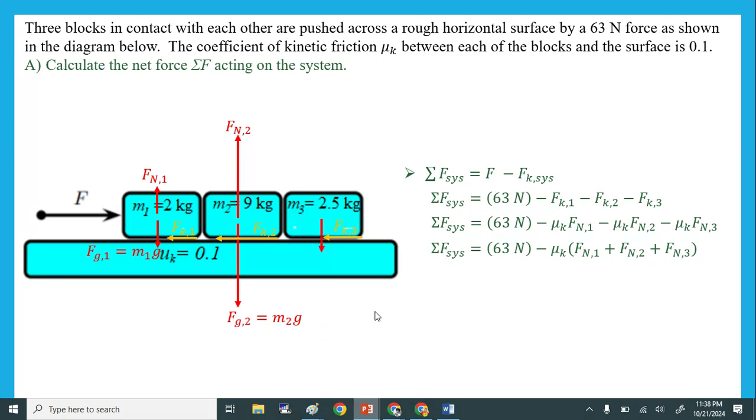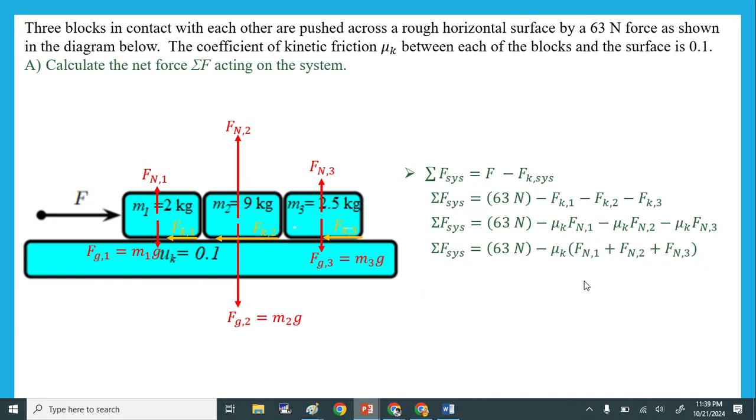And so on for m3. m3 has its own weight, Fg3, which is m3 times g. But that's the weight keeping it on the surface. At the same time, the surface is going to push onto the box with the same magnitude. So this is your normal force for m3. Really, same concept, just applied 3 different times, okay?